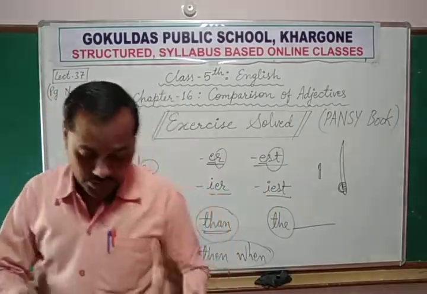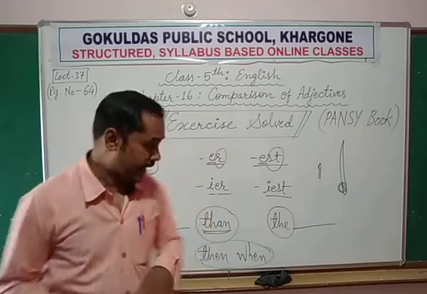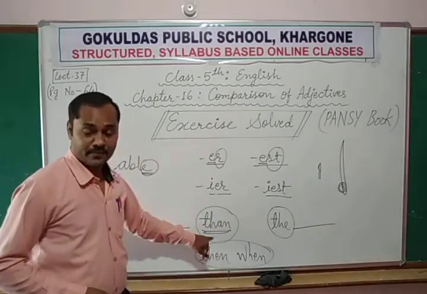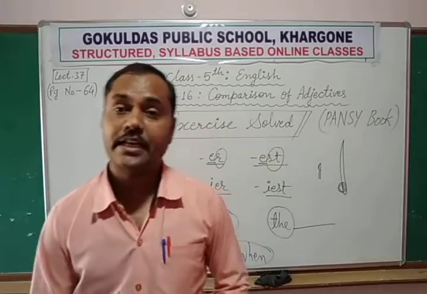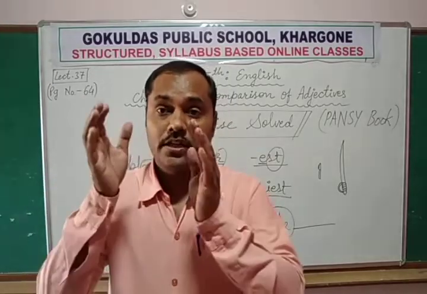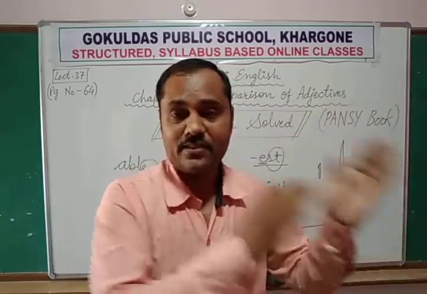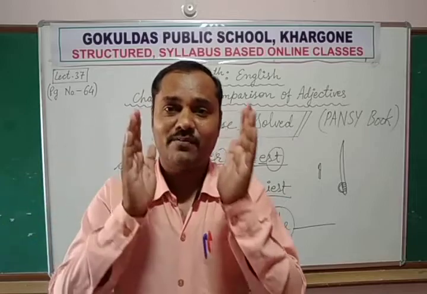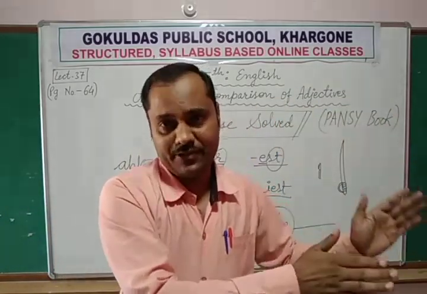Second, prevention is blank, then cure. Again we found this word than. Now what is the positive degree given in the book? Good. If you remember, good, better, best. Good is a positive degree, better is comparative degree, and best is the superlative degree.